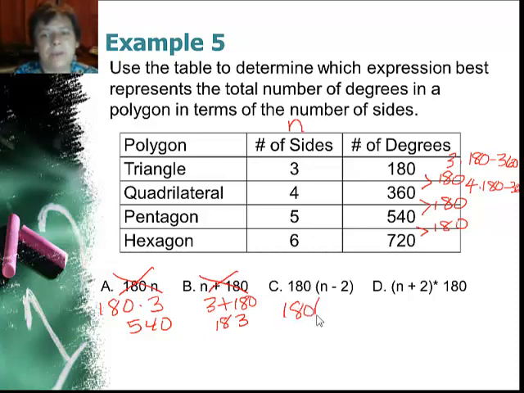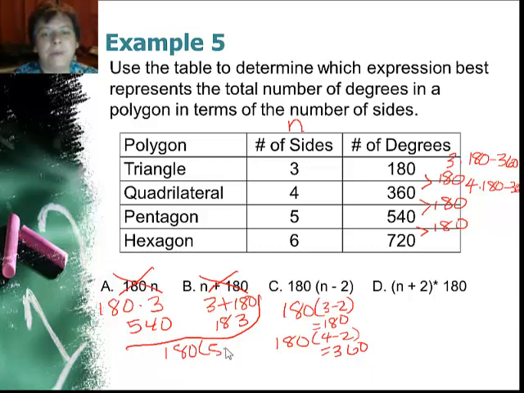180 times 3 minus 2, which would be 180, because 3 minus 2 is 1. 180 times 4 minus 2, that would be 2, that would be 360. 180 times 5 minus 2, that would be 180 times 3, which is 540.